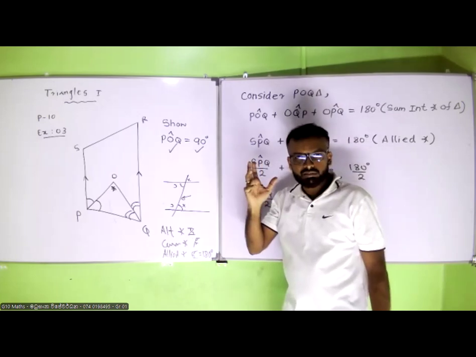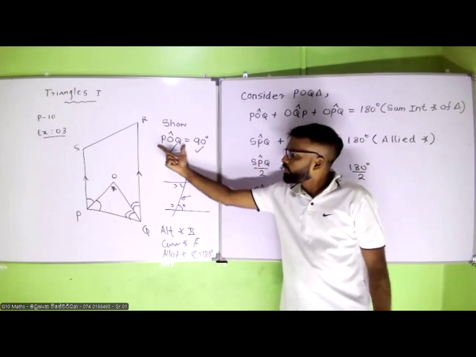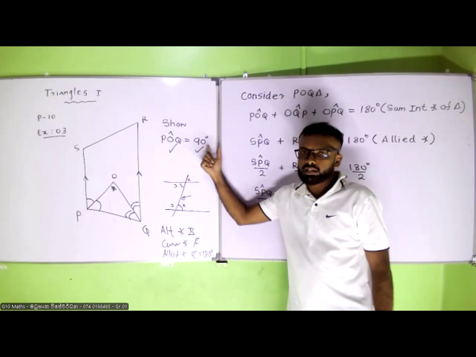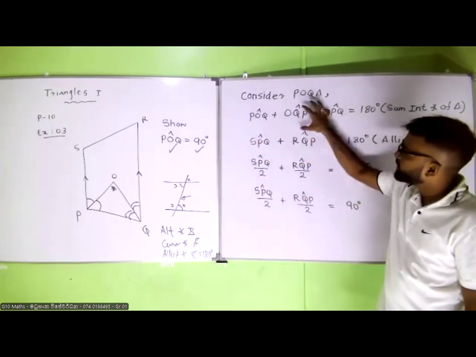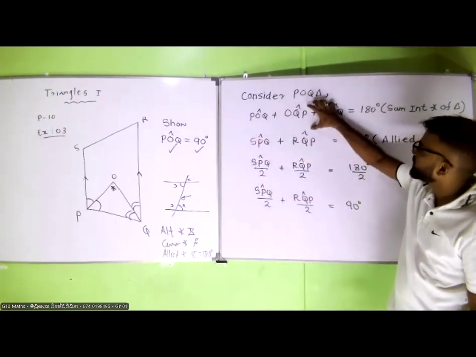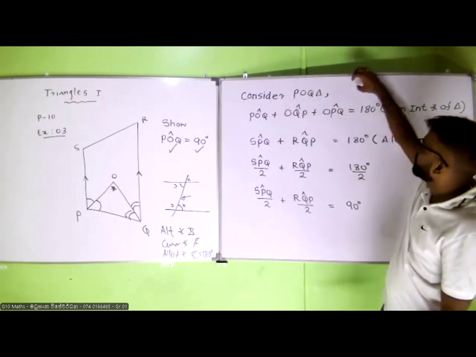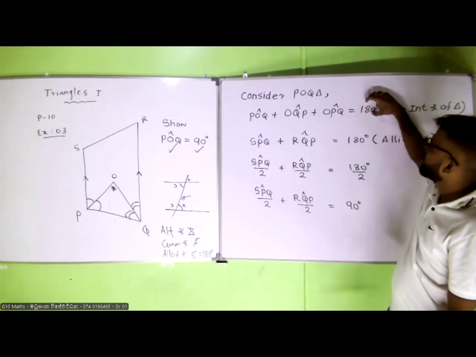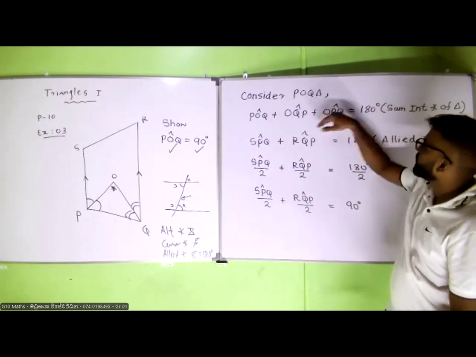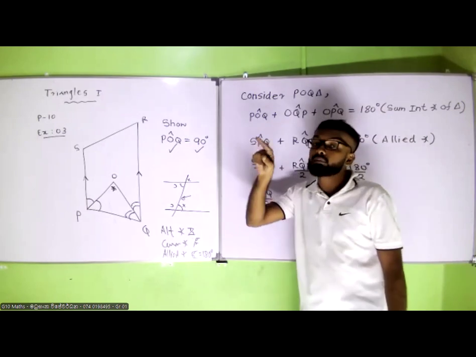I need to show POQ equals a right angle, 90. So I have POQ plus something equals 180. This something part becomes 90 and I take it to the right hand side. 180 minus 90 again 90. POQ equals 90.